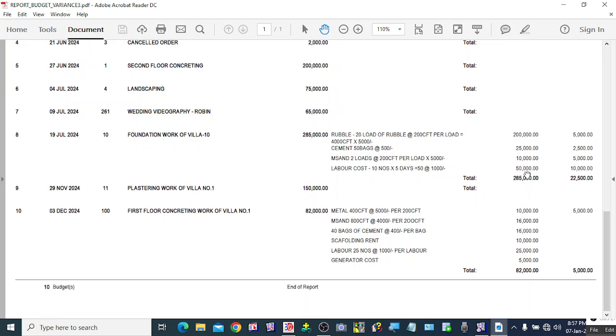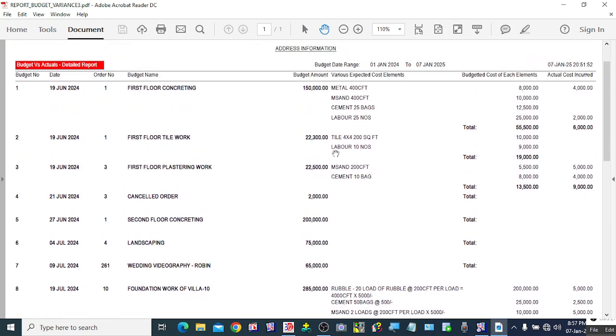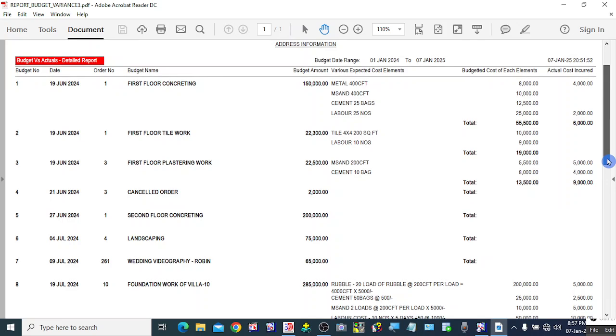So this variance report is very useful for managerial decision making. At the end or completion of each project or a budgeted work, you can very easily make a comparison of the project, like projected cost versus the actual cost incurred. So this report is very useful for managerial decision making.